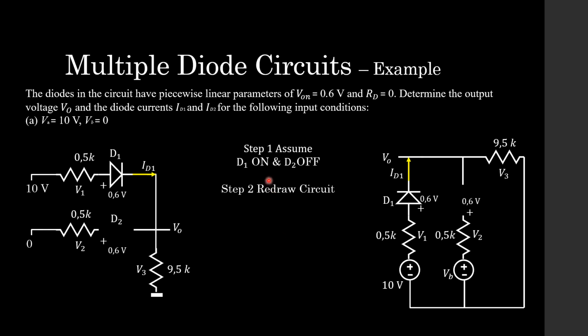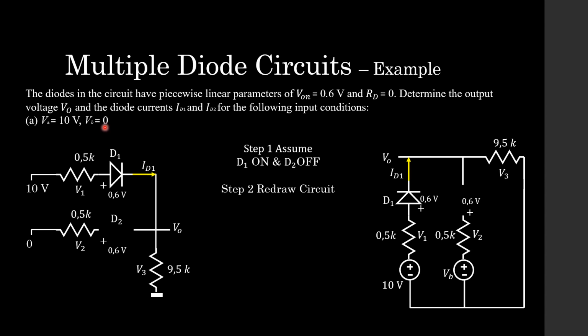So the first thing is we make our assumptions. Now remember, students, I said that in step 1, when making the assumption, you need to use some of your intuition so that you can perhaps make an assumption that is as close to correct as possible.